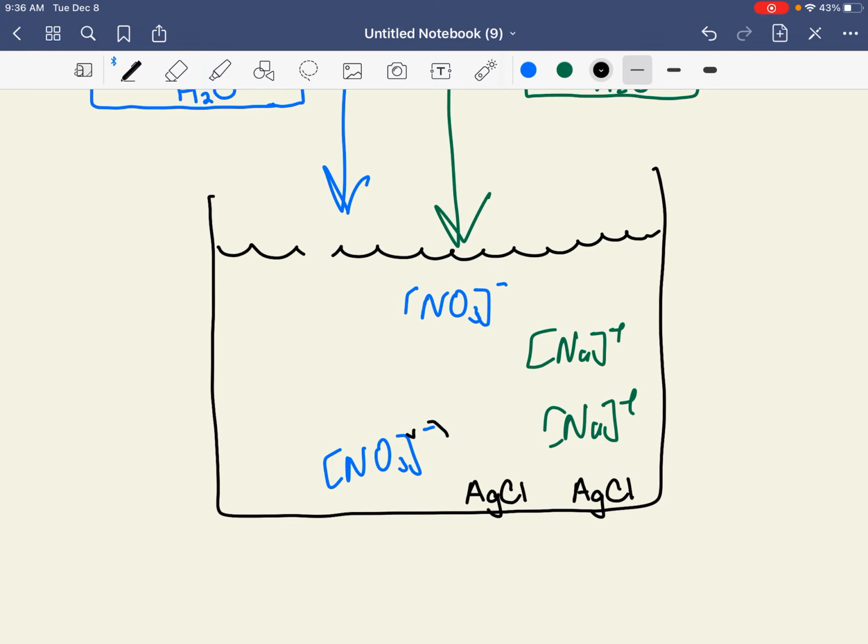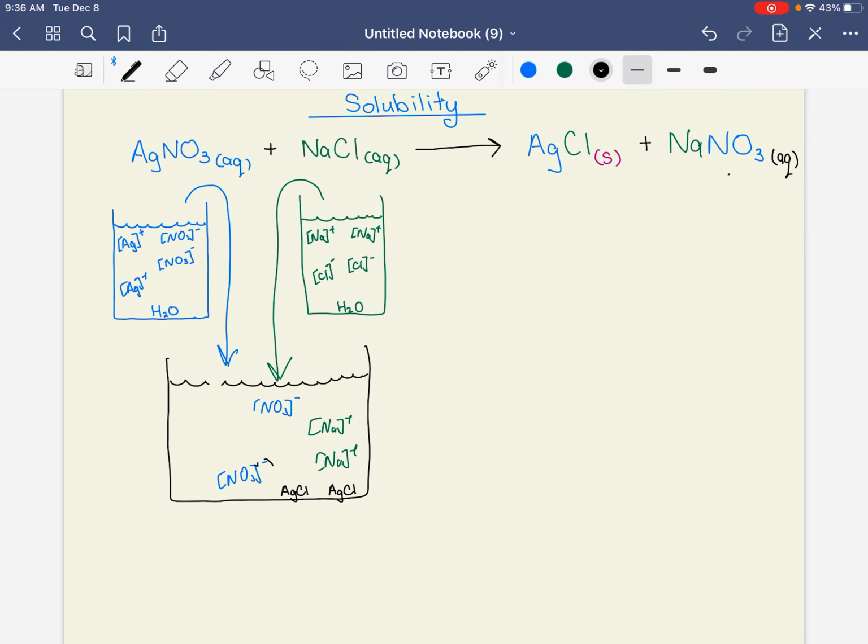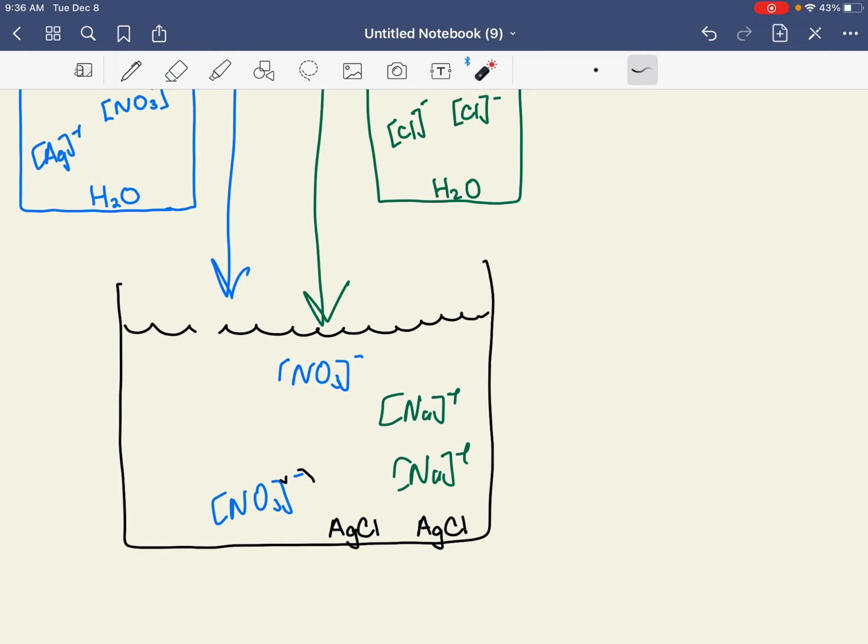Okay. Now, you'll notice that the other product for this reaction is NaNO3. Okay. Does NaNO3 get together like we see with AgCl? Well, of course not. It's stated right here that they stay in an aqueous state. They actually don't really bond together, but they are, of course, floating around in this solution as Na plus and NO3 minus.